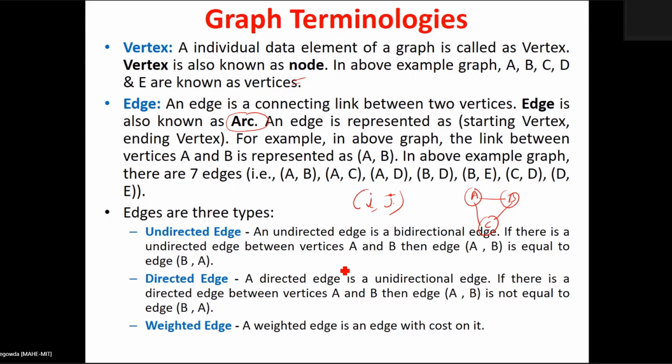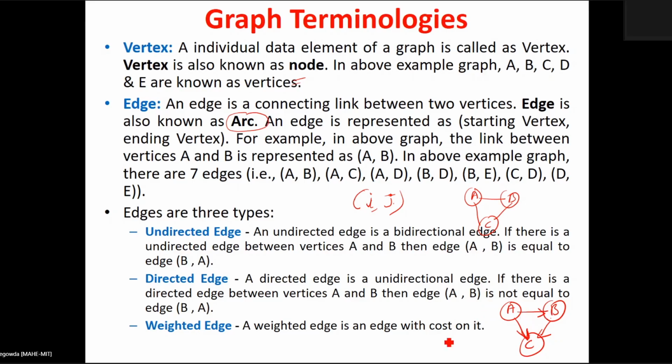If you look at the directed edge, in the case of a directed edge we have a unidirectional edge, meaning there is an edge which originates from one node and terminates at another. For example, in the following diagram with A, B and C, I am going to draw arrow marks. This is an example of a directed edge.